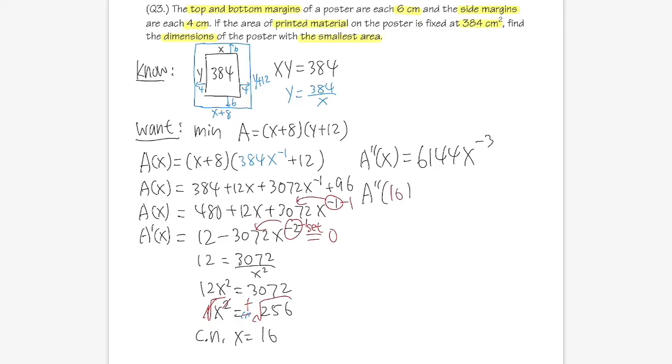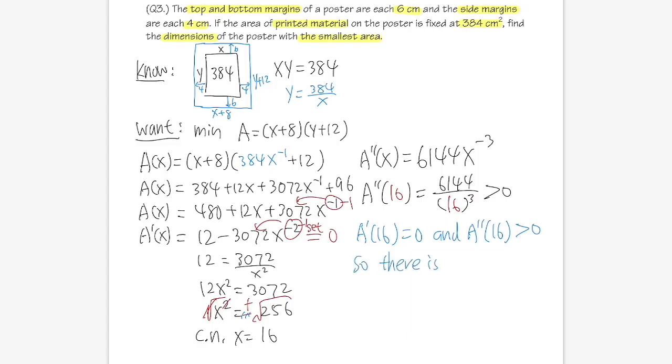Again, it's extremely clear that the top is positive and the bottom is also positive, so all in all it has to be positive. Same statement as earlier. The first derivative at 16 is equal to 0, and the second derivative there is positive. So we have a minimum at x equals 16. Alright, we have our justification.